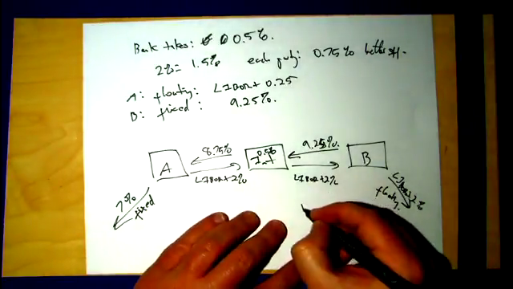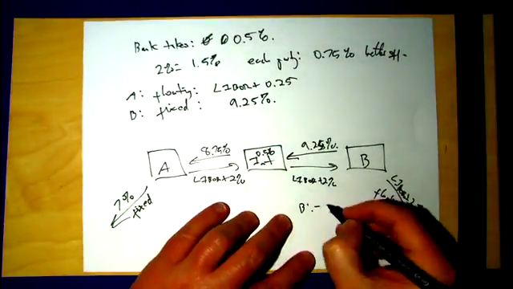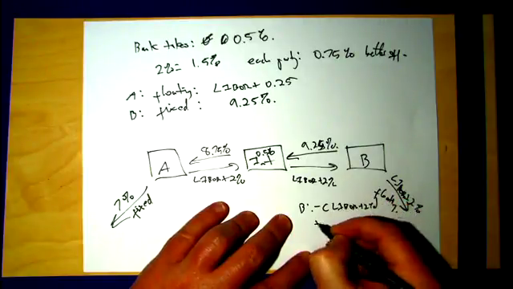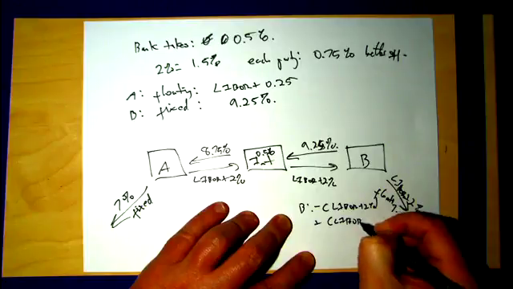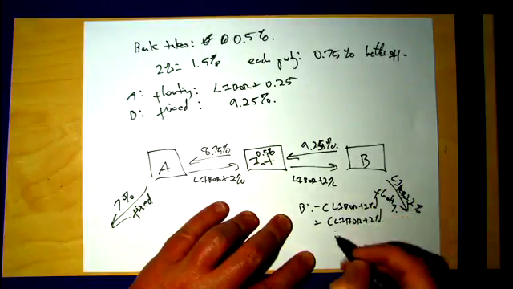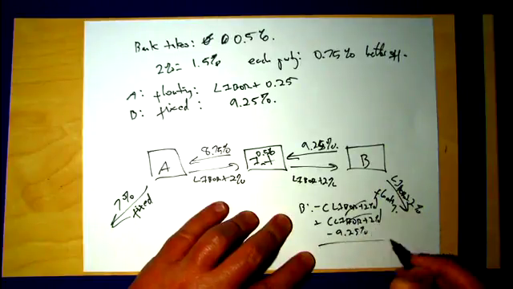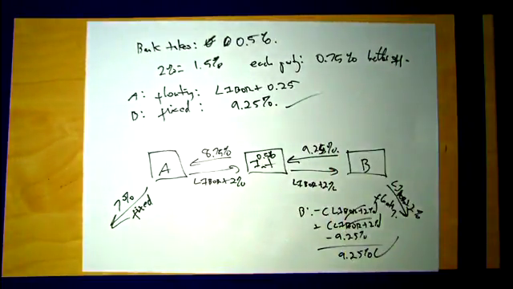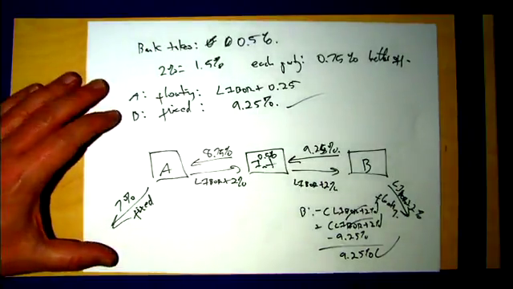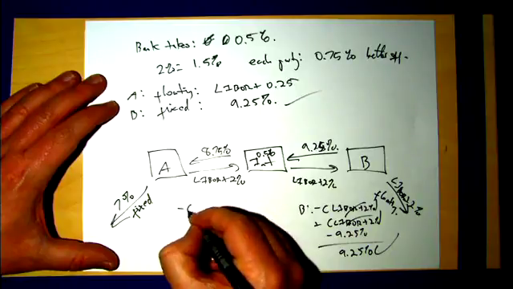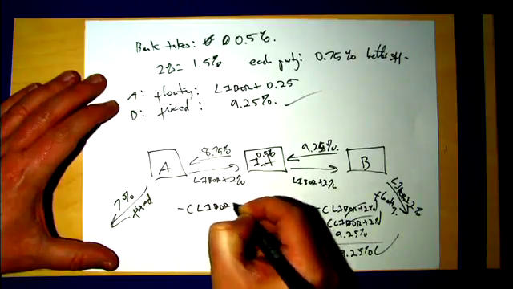So Company B, its total cash flows are a negative LIBOR plus 2%, a positive LIBOR plus 2%, and negative 9.25%. Those cancel out. They end up with 9.25%, right, as required. Company A has a negative LIBOR plus 2%.